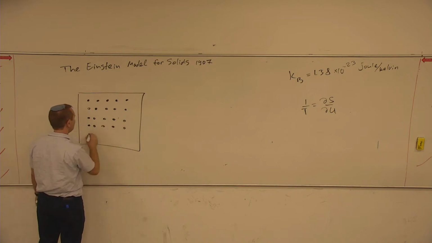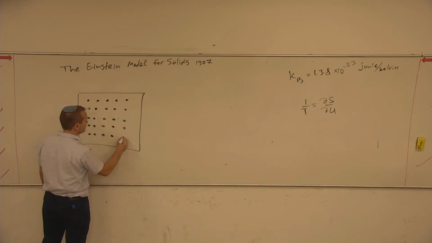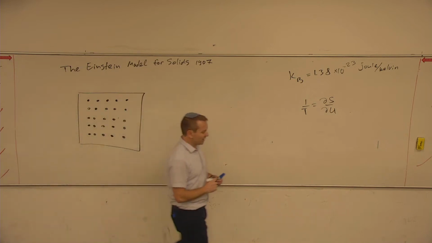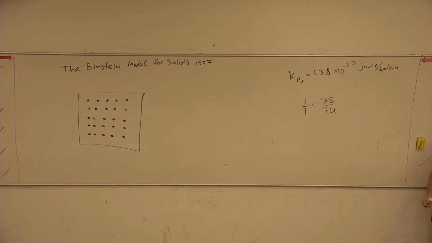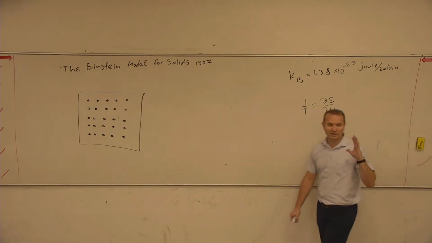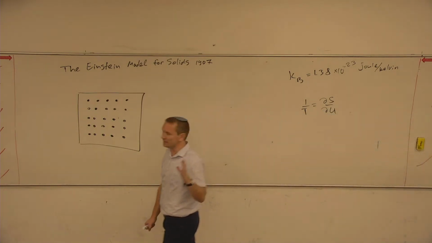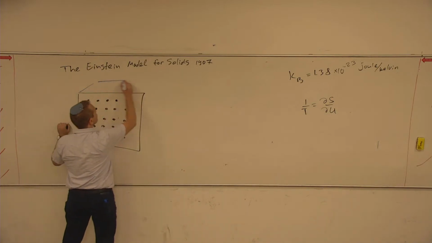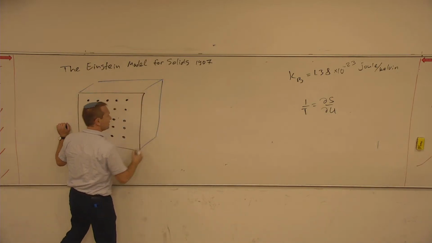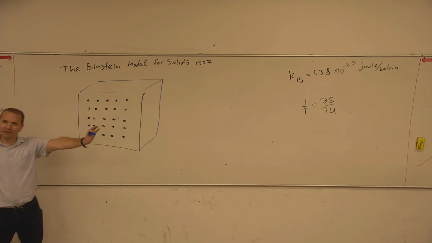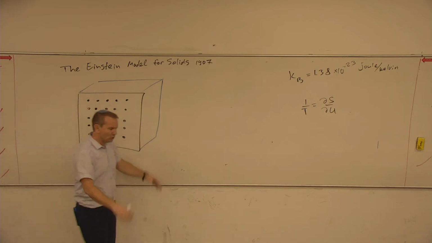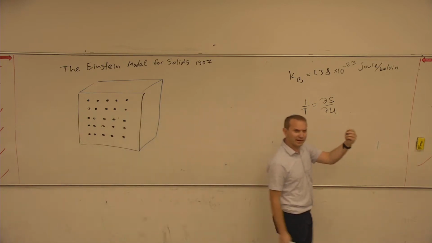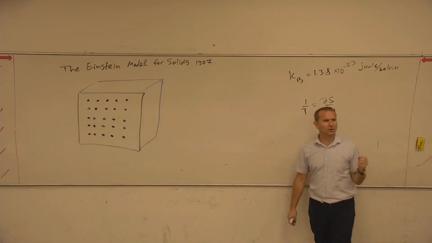Maybe, maybe not. They have properties, and you can apply pressure on them, and you can heat them up, you can cool them down, etc. So this is three-dimensional stuff. What is the great idea that Einstein had? He looked at this, he thought about solids, and he had an idea in mind of how to describe a solid.